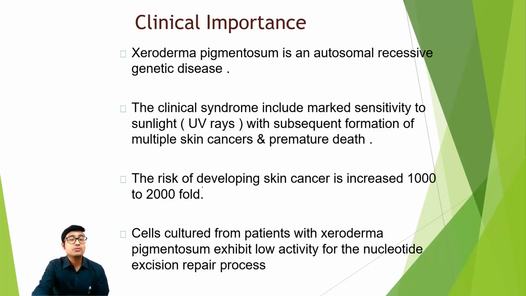Lastly, you need to know the clinical importance. Xeroderma pigmentosum is the disease that happens if there is defective nucleotide excision repair. Normally when you are exposed to sunlight, TT dimers and DNA damage form under UV light, but those are promptly repaired by the nucleotide excision repair mechanism.